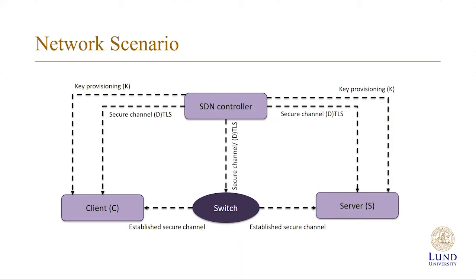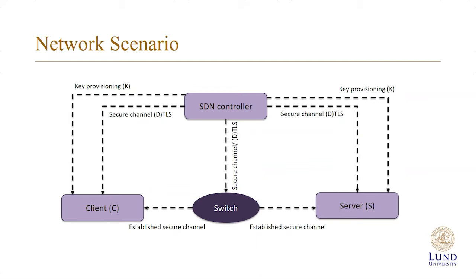Before describing Flowrider, I would like to describe a network scenario that I will use in describing it. In this scenario, we have an orchestration node located on a network controller that deploys the two endpoints, client and server, as well as the OpenFlow switch on the communication path between client and server. The orchestrator also configures the network controller to establish and manage the network flows between the endpoints and maintains a secure channel with them.